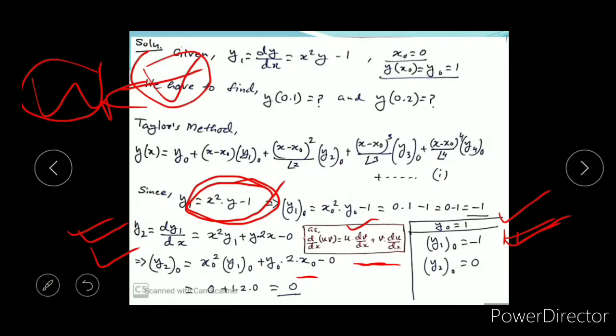Again y0 is minus 1, so it is minus 1 into 2 into 0, which is again 0. That's it. So we are getting y0 equals 1, y1 0 equals minus 1, and y2 0 equals 0.